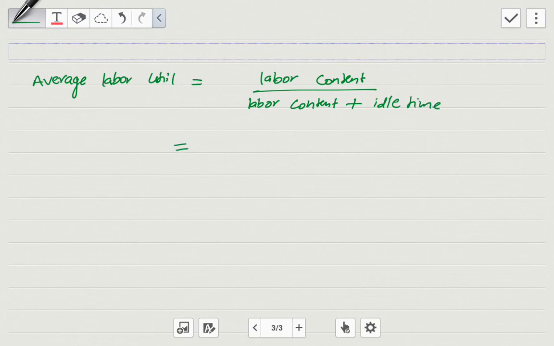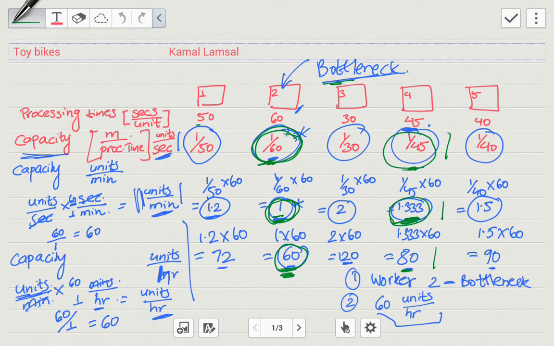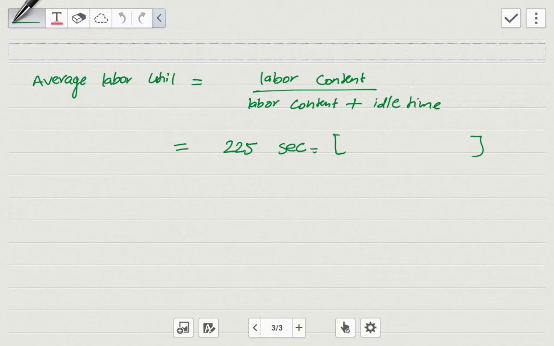If we look at the labor content in each unit, there are 225 seconds. We get this number by adding 50 seconds, 60 seconds, 30 seconds, 45 seconds and 40 seconds, which is equal to 225 seconds. At the bottom we have the labor content 225 plus the idle time.